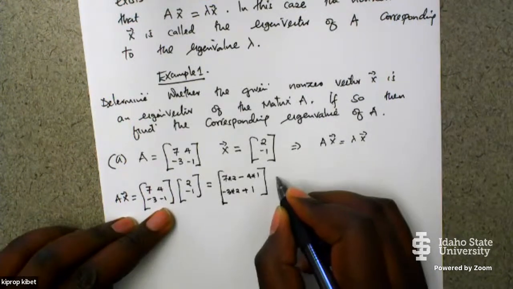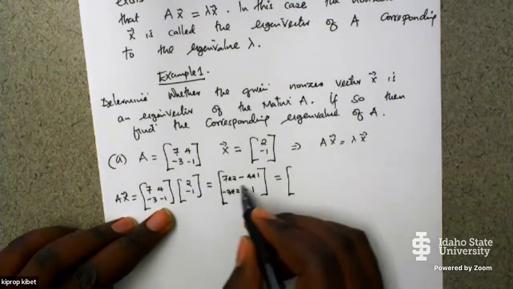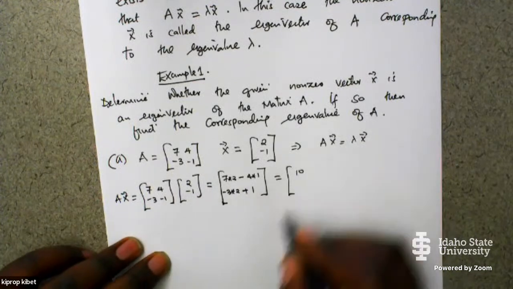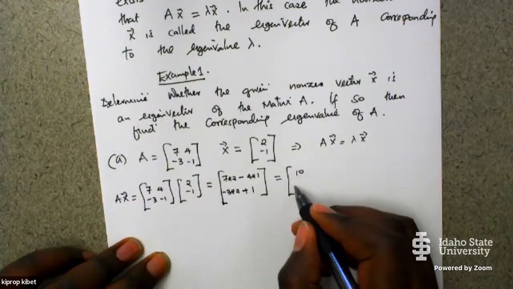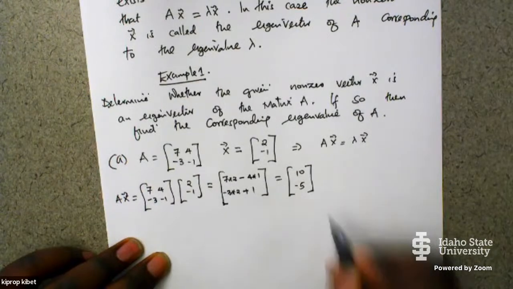This equals 14 minus 4, which is 10, and 6 minus 6 plus 1, we get minus 5.